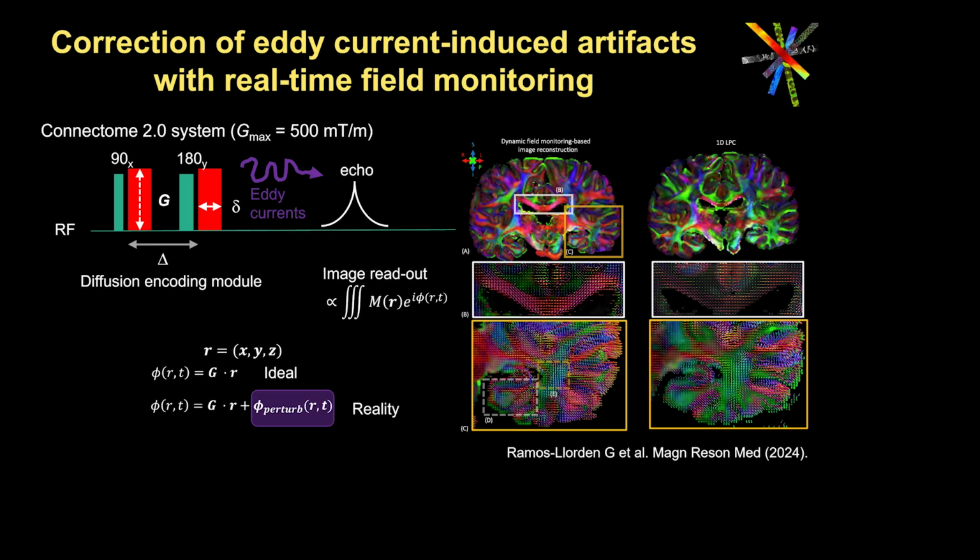And so we invested in the dynamic field camera on Connectome 1 to allow us to measure the real-time phase perturbations, incorporate this into the image readout, and then get much higher fidelity measurements and image reconstruction with these highly segmented 3D EPI measurements in ex vivo whole brain specimens, as compared to without accounting for this information, say with your standard one-dimensional linear phase correction approaches.